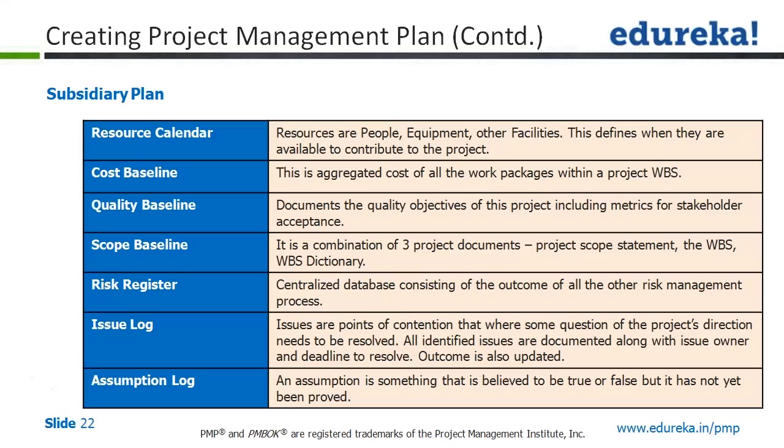Three main items are the cost baseline, quality baseline, and scope baseline. These are the three items which are again input back to the developed project management plan.